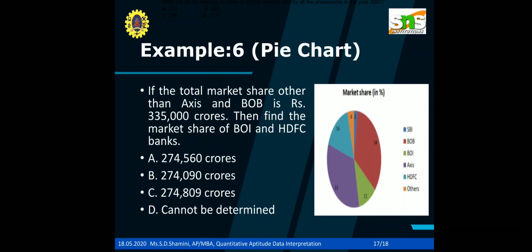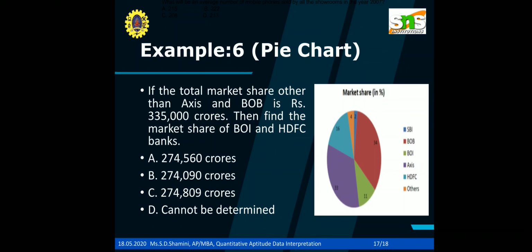Okay, so இங்கே இந்த pie chart-ல you can determine the total market share with market share of Axis and BOB in terms of percentage, 67%, which is equal to 335,000 crore. So in addition to this, the other banks that are left account for 33%, which are equal to 335,000 crore. So HDFC and BOI ரெண்டும் same, equal to the market share of 27%.